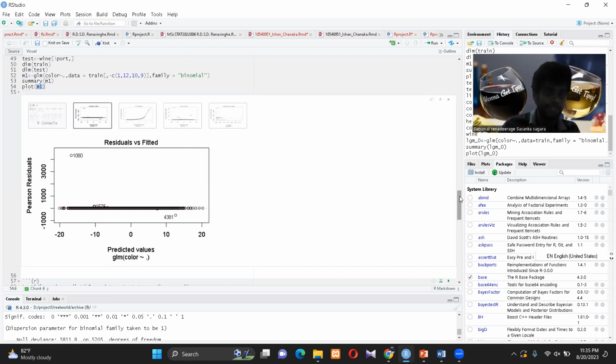Residual is nothing else. It's just the difference between your predicted values and your real observations, right? So let's say your prediction is one, and your real value is one, and then it means that really there is a red wine, and my prediction is red wine.